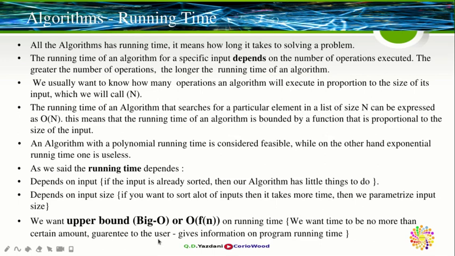Even if you have an Android phone, and when you start the Android it takes, say, 30 seconds to load, then Android guarantees that the loading time for this operating system is going to be 30 seconds. So we're guaranteeing that to the user. It means we're giving an upper bound to the user, which we denote as big O of f of n, running time. So that's what we mean by upper bound.